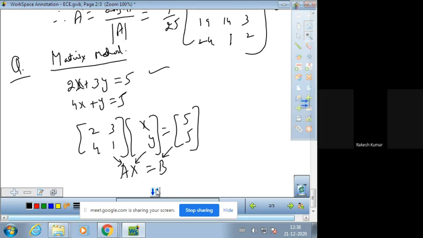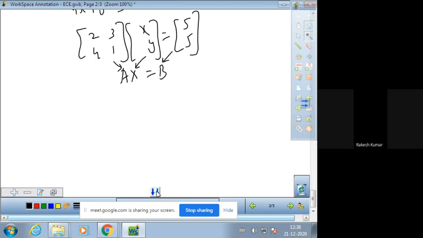Now, what do you know? X can be written by taking A to the other side, so it will be A inverse into B. This is what we require. So you just require the A inverse matrix here into the B matrix.